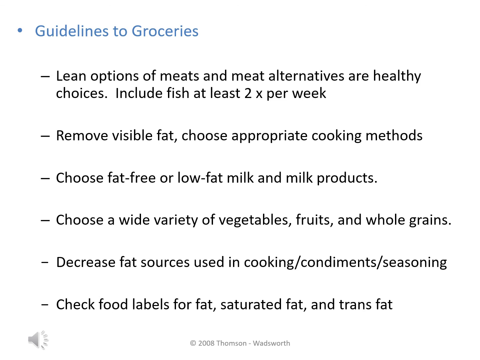Decrease the fat sources that are used in cooking, those which are in condiments or used as seasonings. Check food labels for total amount of fat. More importantly, however, saturated fat as well as the potential presence of trans fat.